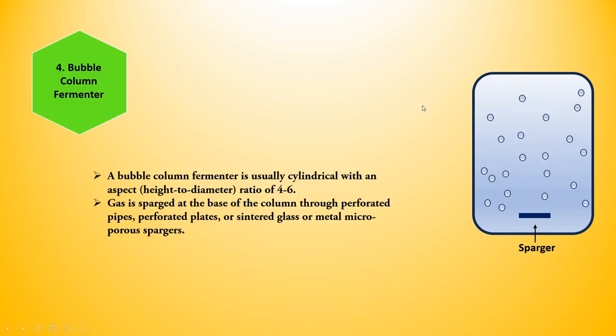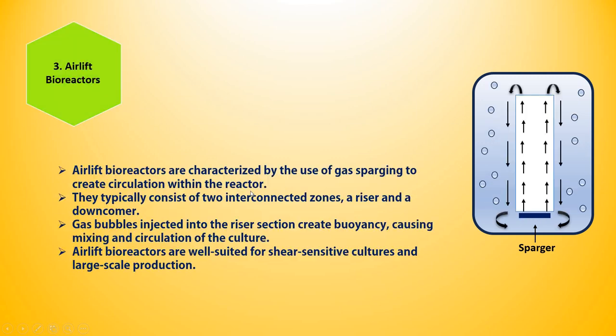Just like the air-lift bioreactor, the bubble column fermenter or bubble column bioreactor also has a sparger, but the only difference is that in the air-lift bioreactor there are two separate chambers. One is called the riser, another is called the downcomer.